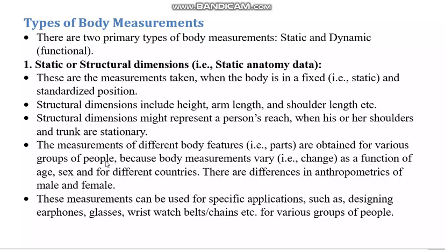It's various groups of people, because body measurements vary as a function of age, as a function of sex, and from different countries, different states also. In such a big country like India, even a person from Meghalaya, sometimes those students come to study here, their sizes and our sizes vary.